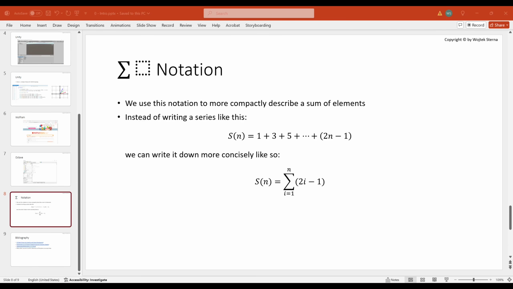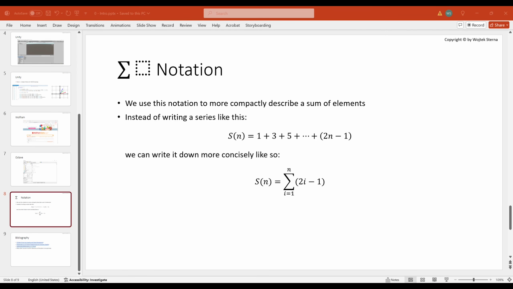A few words on the so-called sum operator or sum notation. We use this notation to more compactly describe a sum of elements. Let's say that we have a series of elements defined like this here. We can write it more concisely using the sum operator here.